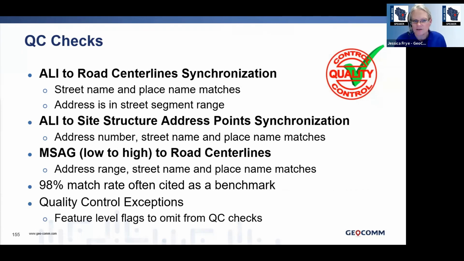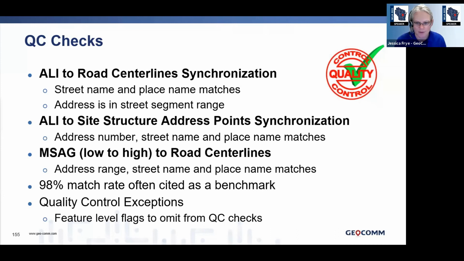Now, this is really important for jurisdictions who are more point-based, because there are a few Wisconsin counties that are primarily point-based and not road center line based. And so that is a vital check for them. And of course, we all know that site structure address points are much more locationally accurate than the road center lines often are, depending on how far the structure is from the roads.